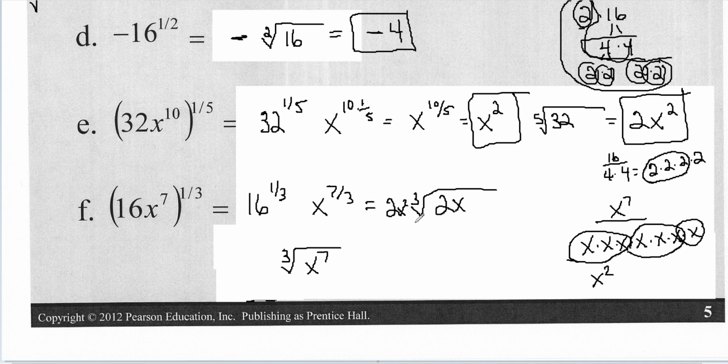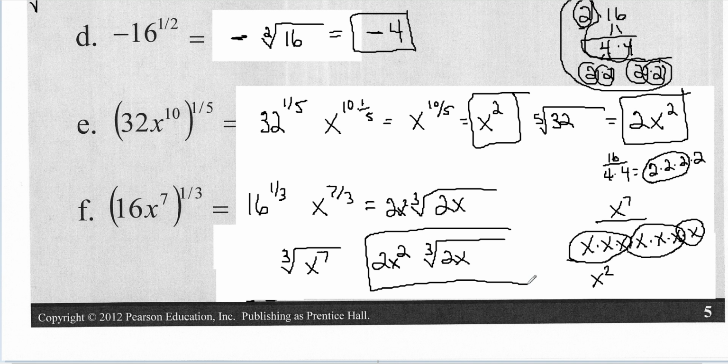So my final answer, I'm going to clean this up a little bit, is going to be 2x squared, the cube root of 2x. So this whole thing is my solution for letter F.